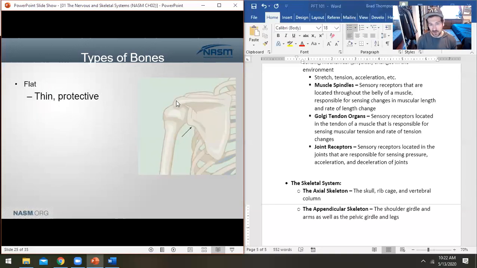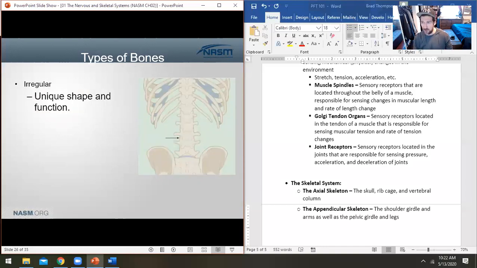Then you've got flat bones, which are really thin and kind of protective. Your scapula is a really good example of that. This allows fan-shaped, wide muscles to be able to grab and pull from a lot of different angles. And then you've got unique bones or irregular bones. Irregular bones are oddly shaped bones that have a very unique function.